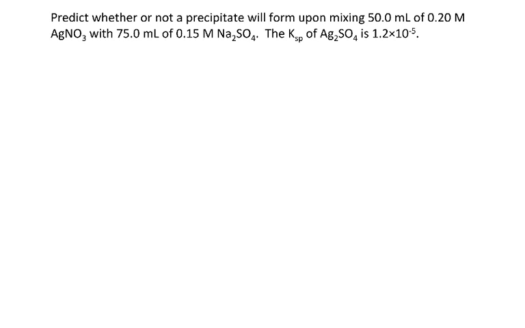So we have silver nitrate and sodium sulfate. In order to predict the products of this reaction, I need to know what ions I have present and what the charges are.